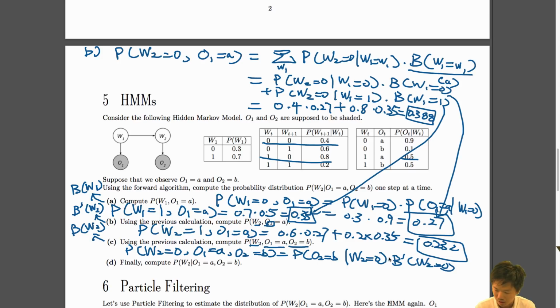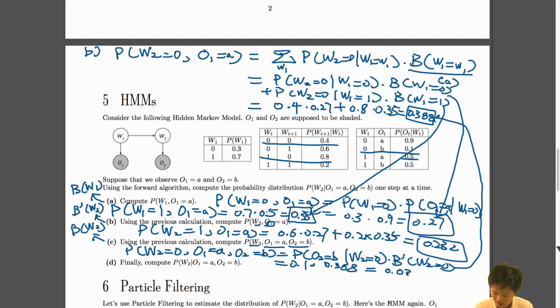The first term can be directly inferred from the table. O2 is B and W2 is 0, that's this row. So we get value 0.1. And the B prime of W2 equals 0 is what we calculated in part B, which can be found over here. So that's going to be 0.388.